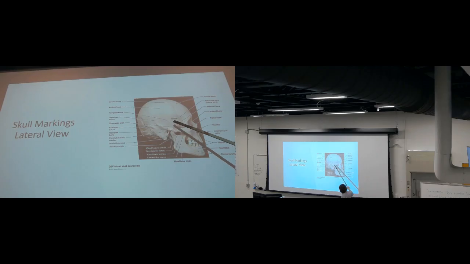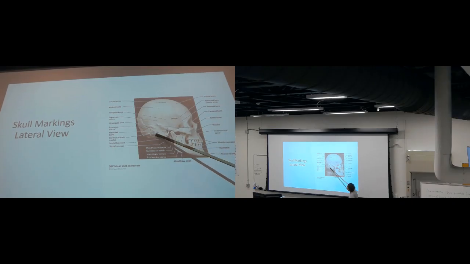So we can see some sutures, which are connections between bones. Like this one, this is the coronal suture. The coronal suture is the connection between the frontal and the parietal. And then this connection between the temporal bone, which is this, and the parietal is called the squamous suture.